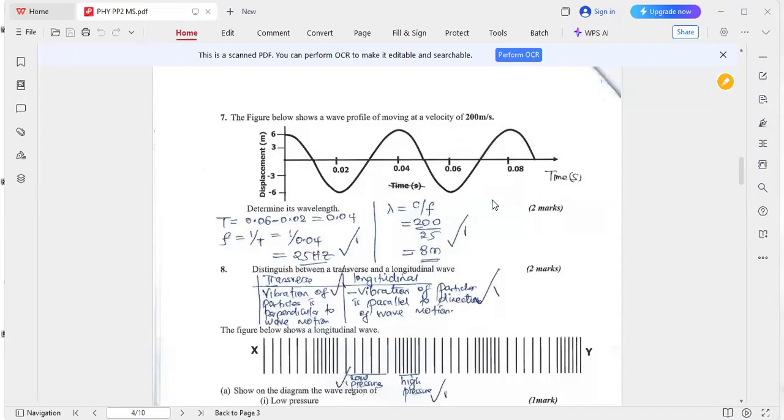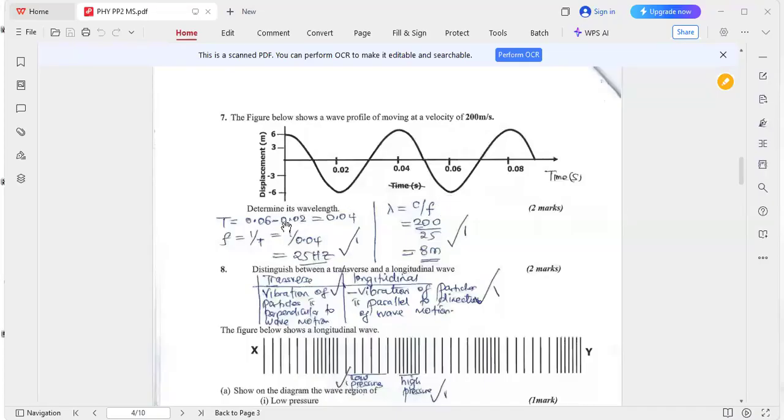So we have to find the periodic time, which is the time taken for one complete cycle. From here to here is a complete cycle.